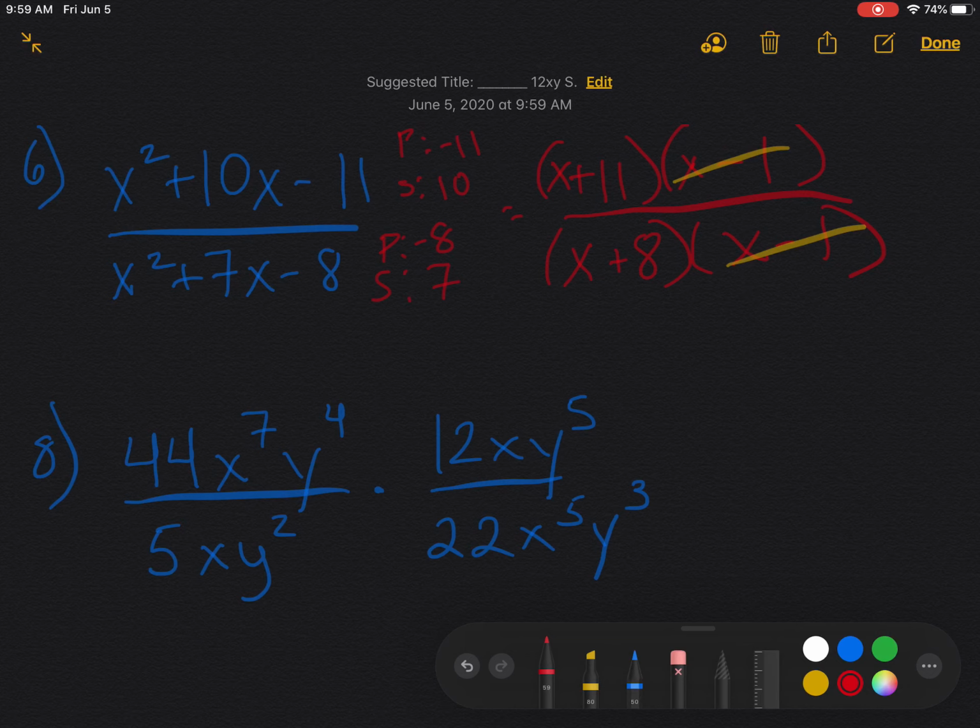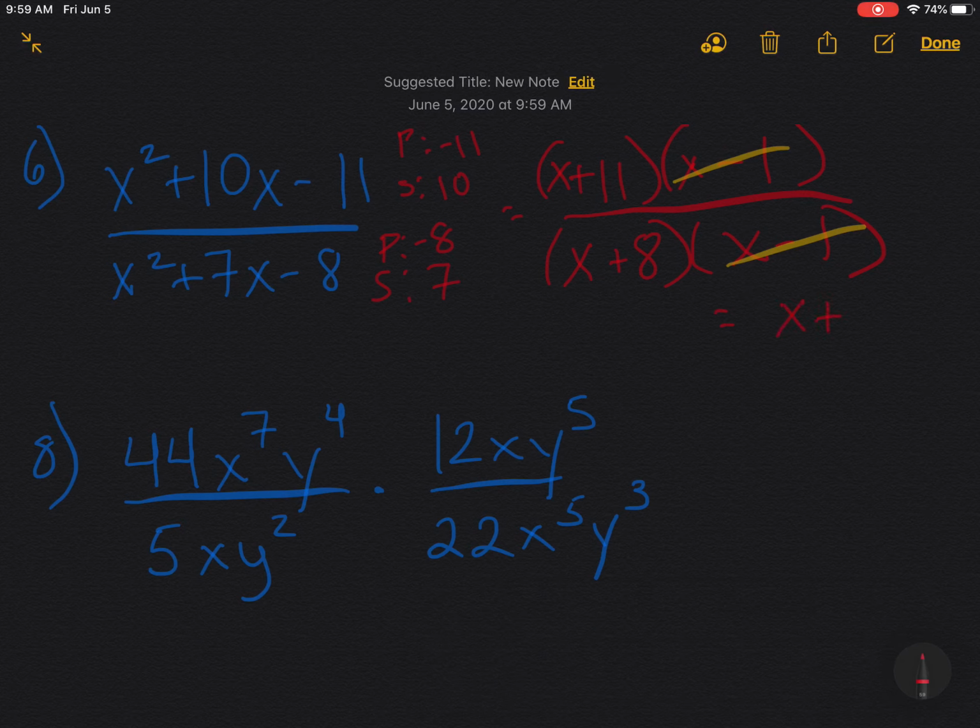So your answer is what remains. So in the numerator, x plus 11, and it comes out of the parentheses because there's nothing left to multiply. And that's it. That's your answer. Don't try to cross out the x's or do anything else from there. You are done there. Okay?